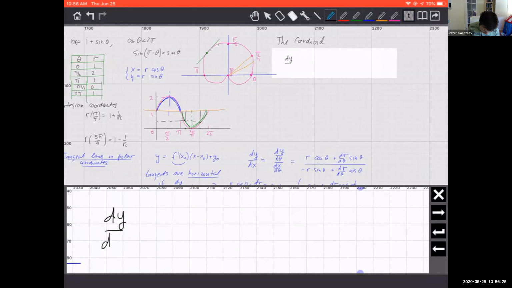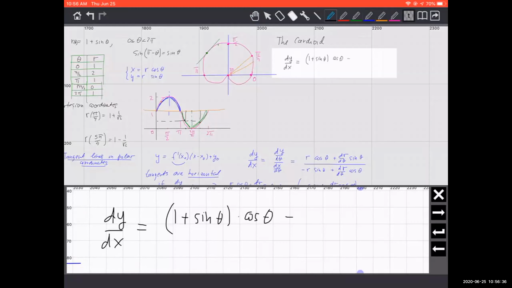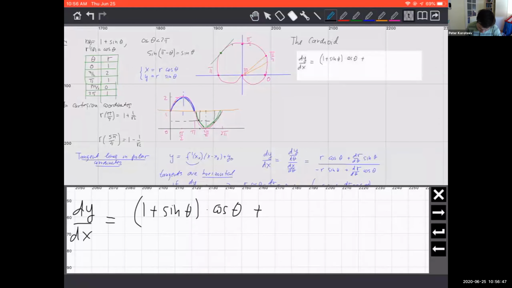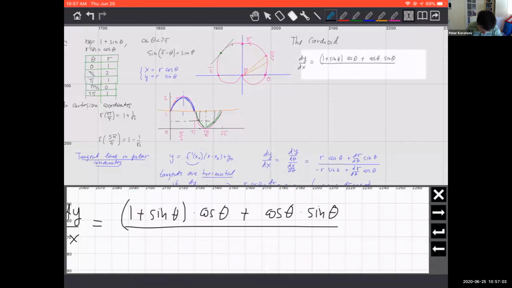So dy over dx is equal to r times cosine theta plus r prime of theta times sine theta, where r is 1 plus sine theta, so r prime is cosine theta, divided by the denominator: negative r times sine theta plus r prime times cosine theta.